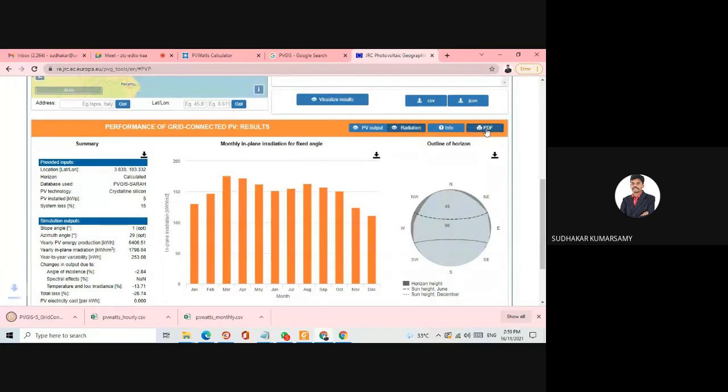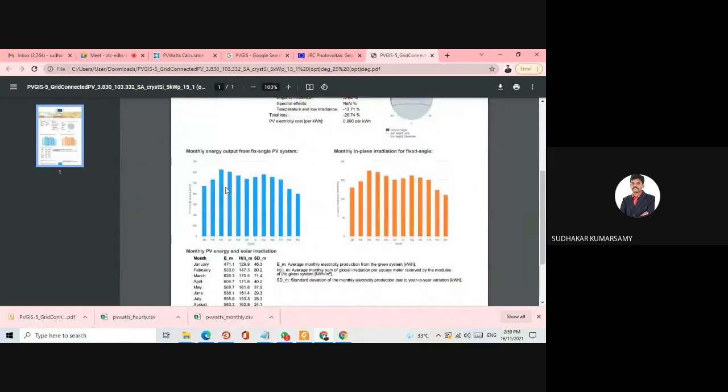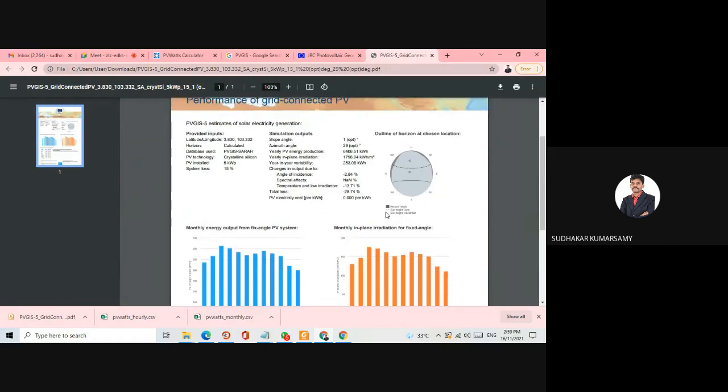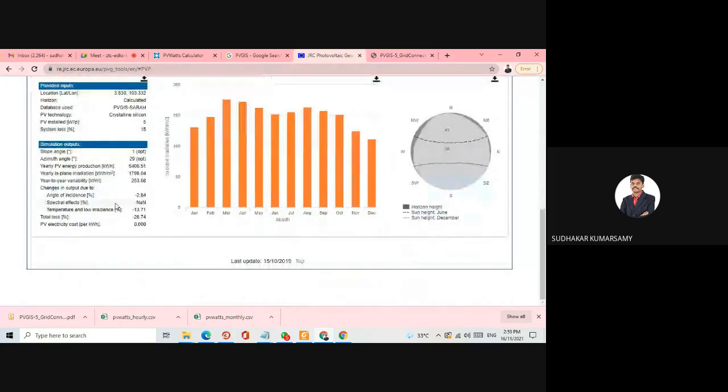You can download the PDF file. So this will give the fixed how much energy you are producing, what is the in-plane solar radiation, month-wise solar radiation. And the yearly PV production is 6406 we are getting.